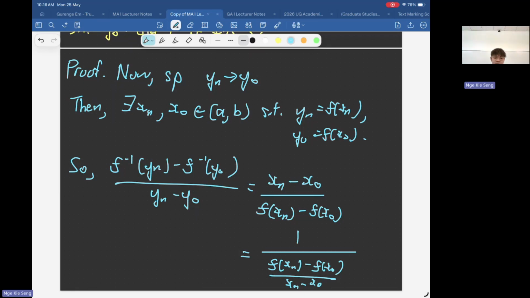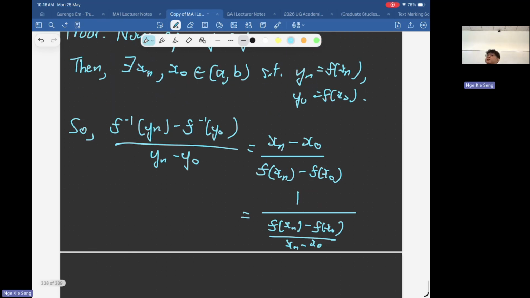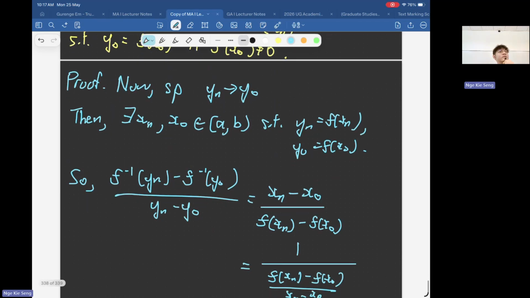Can this thing converge or not? Why can it converge? Sorry? Please repeat, I don't understand.